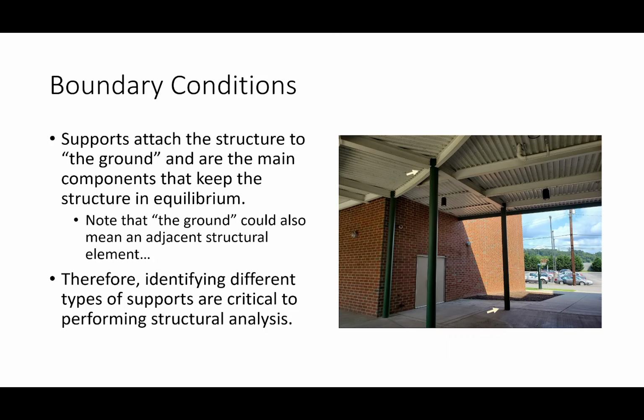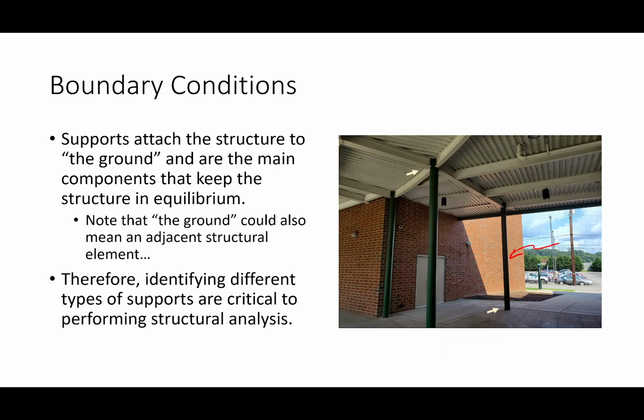So, for example, anybody recognize this picture? That's right out here, right? That's the canopy that covers between the old and the new engineering buildings. So when I say the ground, for example, if I'm looking at this column, the boundary condition affixing it to the ground is the actual ground, right?